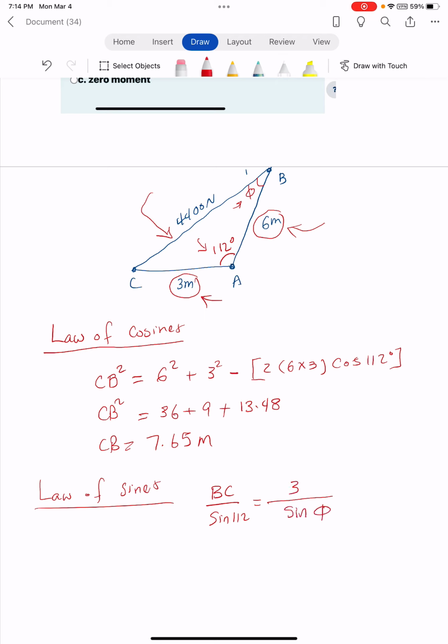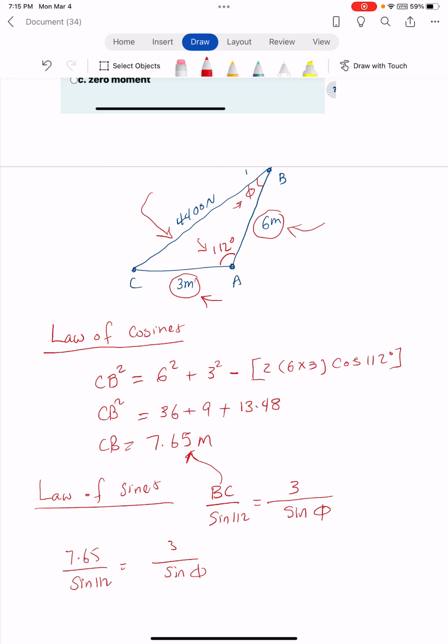So now BC we have it, and that is 7.65. So 7.65 over sine 112 is equal to 3 over sine phi.